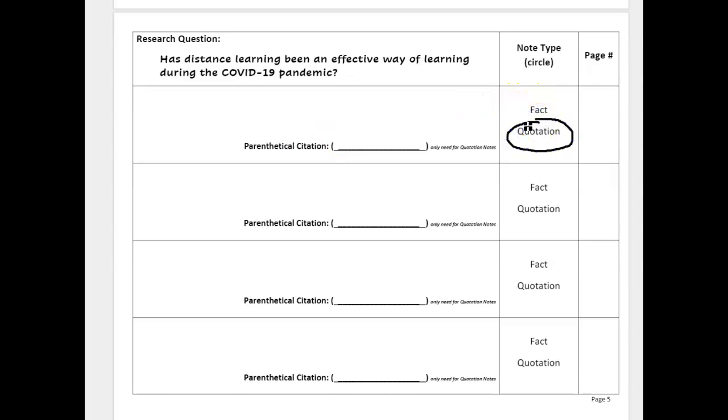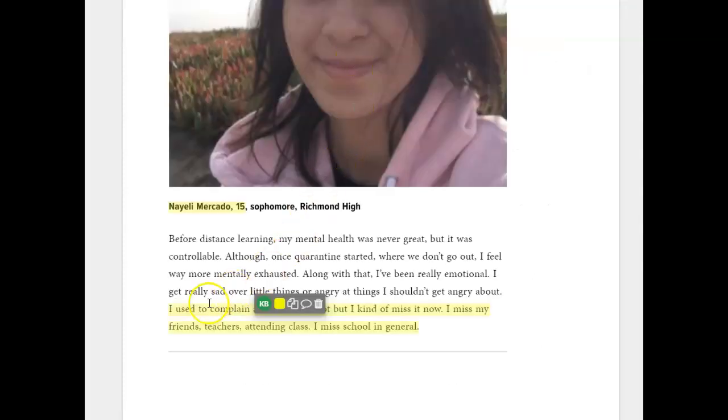Remember, if it's an opinion, we don't want to put it in our own words because we don't want to accidentally change their meaning. So we quote our opinions. This one came from page 2 of our article. And then what I need to do is copy this exactly into my notes. And I'm going to want to also add who said it, just so that I can give this person credit for their words.